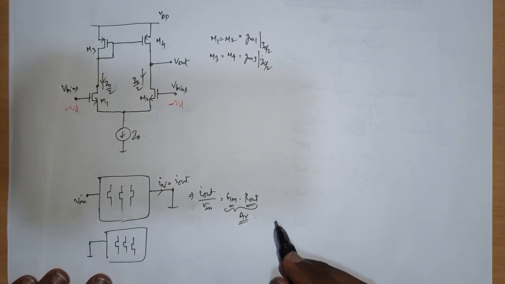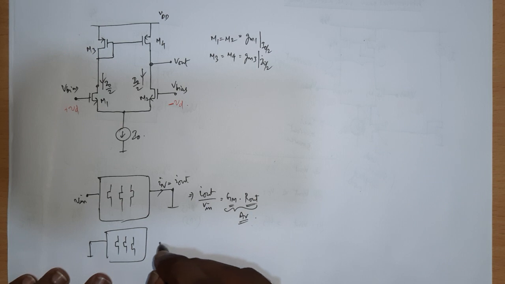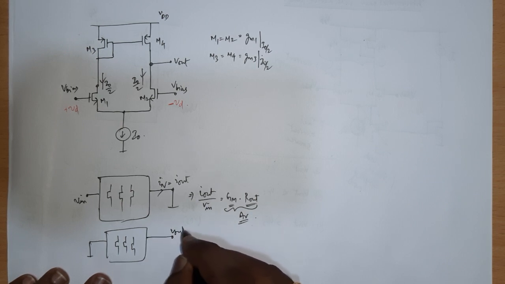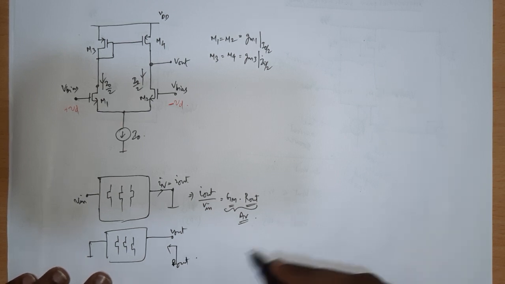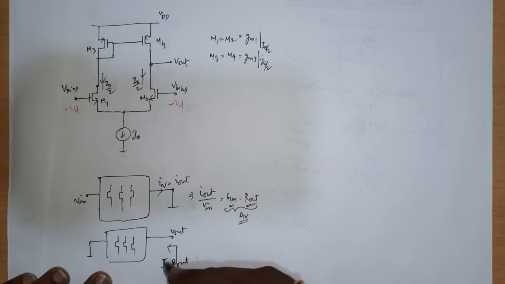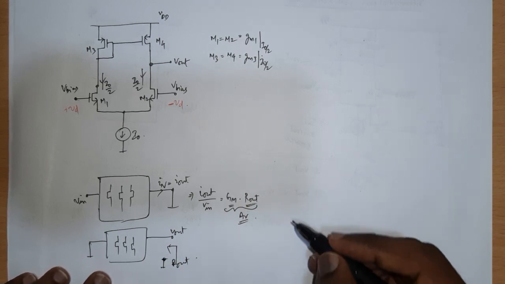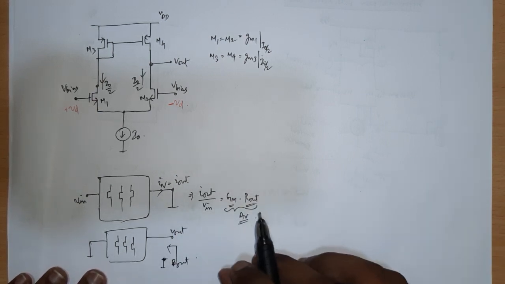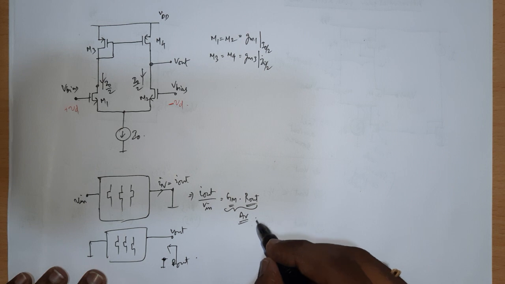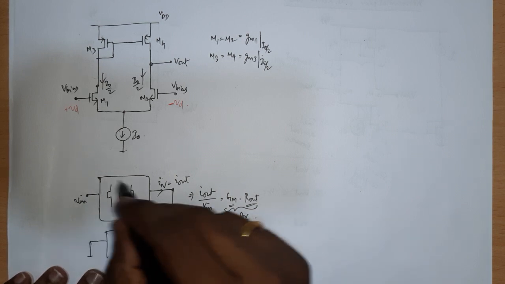If it is a voltage input, it should be shorted, and then you look from the output side and see what R out is, with respect to the ground. Multiply it with the gm you figured out from before, and that is going to be your gain. So easily you can come up with the incremental equivalent.